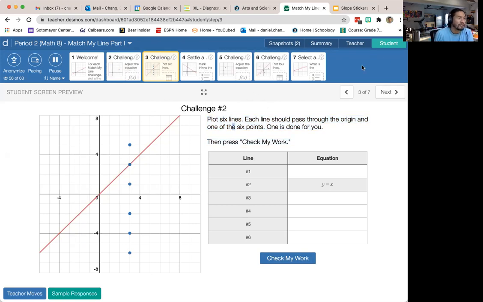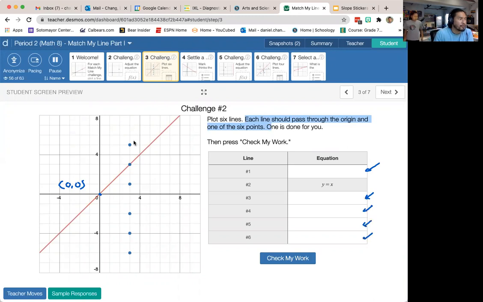So you see over on the left, you've got your origin, which is right here. That's (0, 0). And then you've got to write equations for number 1, 3, 4, 5, and 6.